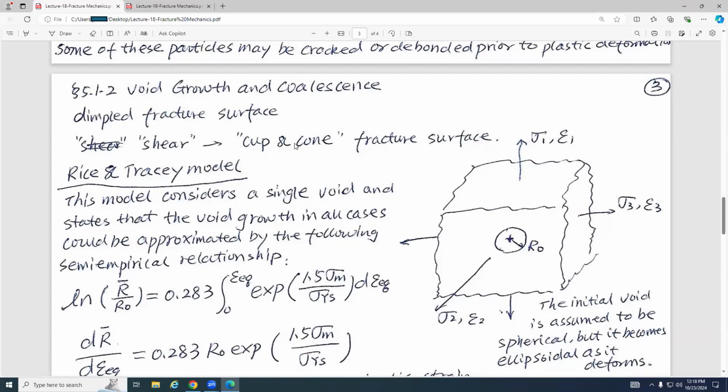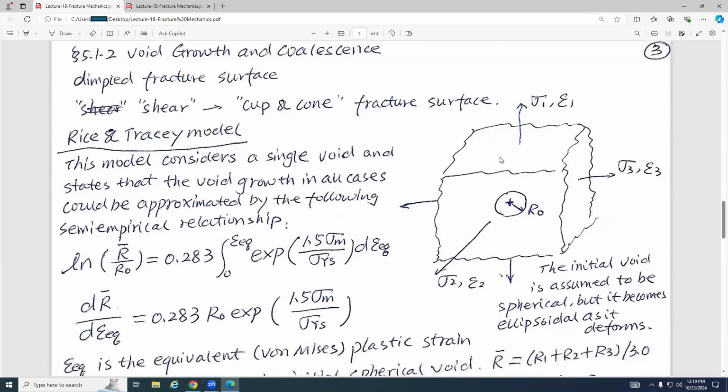In fracture mechanics, our job is how to predict this crack propagation. So first, Rice and Tracy, these two mechanics researchers, proposed a model.